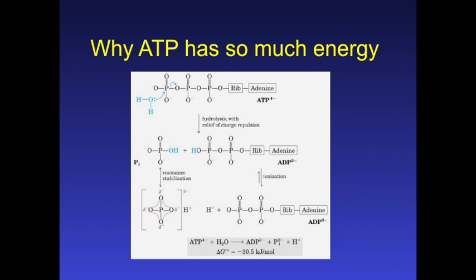Once the bond is broken, the phosphate creates more resonance structures. Resonance is a huge amount of energy. And so once that last phosphate is released, the increased number of resonance structures also drives stability. So those are the two reasons why ATP has lots of energy.